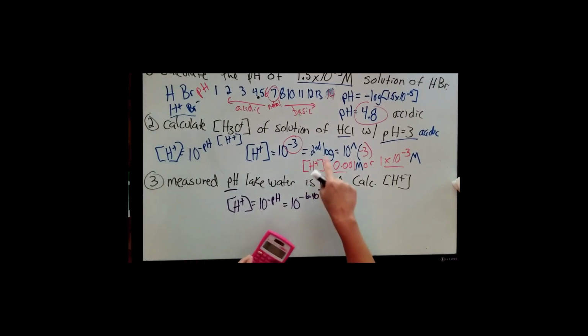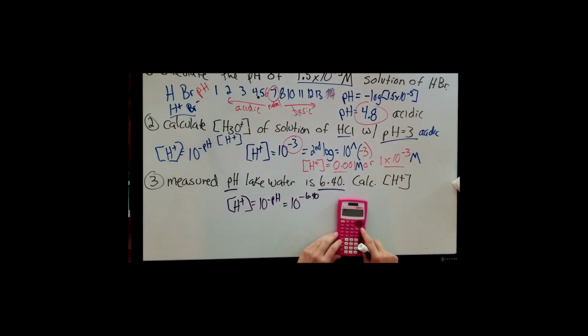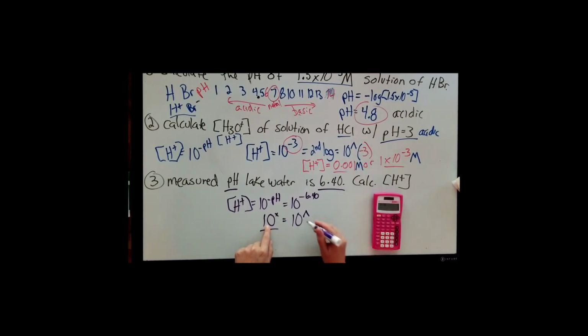When I enter this in my calculator, I'm going to press second log, because my second log function has a little 10 to the x above the log function, and that's what I'm looking for, because 10 raised to the x is 10 raised to a power. When I press that second log, it gives me the number 10 with a little raised to the power sign in parentheses. In the parentheses is where I'm entering that 6.4.